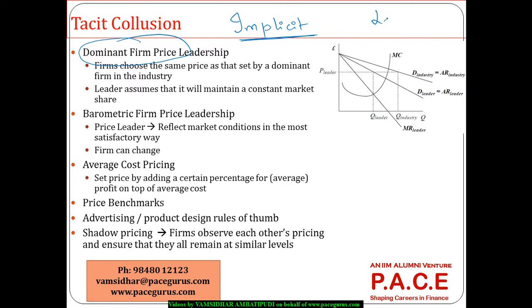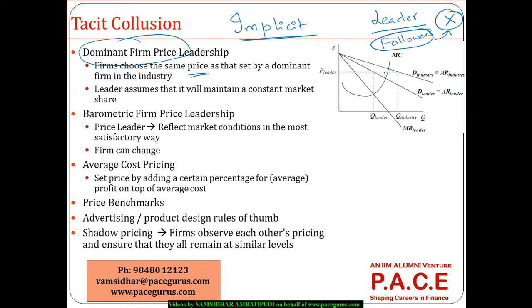Let's say the leader. If the leader has followed a strategy X, you find that all the firms which are traditionally called followers would also try to implement this X. So they try to choose the same price which is set by the leader.